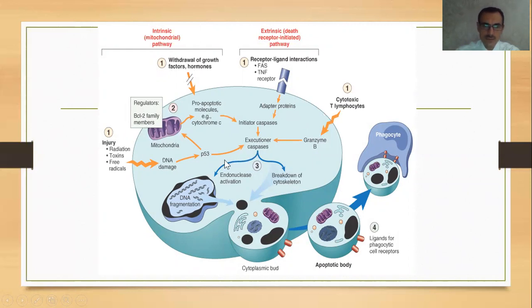They also involve the activation of endonuclease, or DNA damage by cell injury, by radiation, toxins, free radicals, which activates the p53 protein, that also affects the mitochondria or directly activates the initiator caspases.